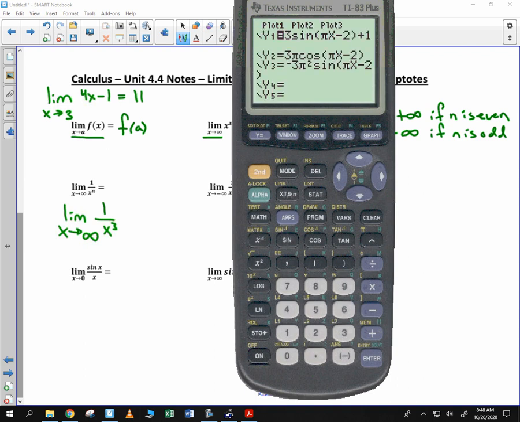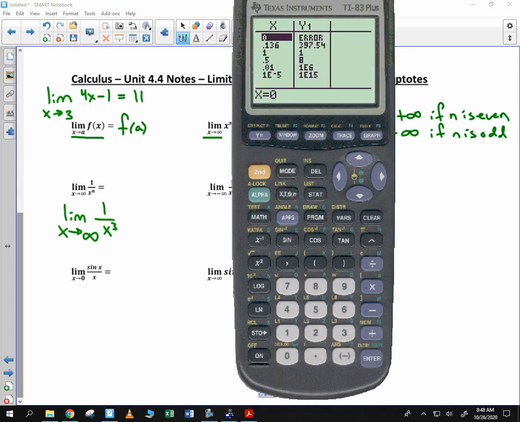If I go into y equals and type in 1 divided by x raised to the third power, and check a table, I plug in values that go towards infinity. Say I plug in 1, say I plug in 10, say I plug in 100.